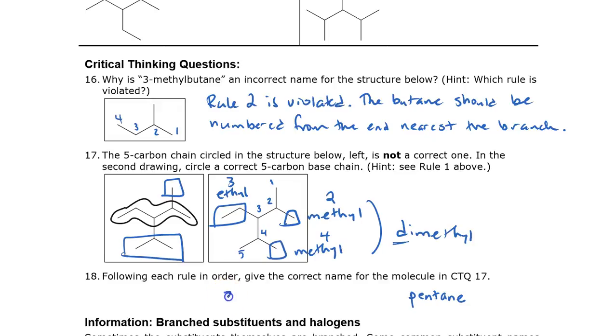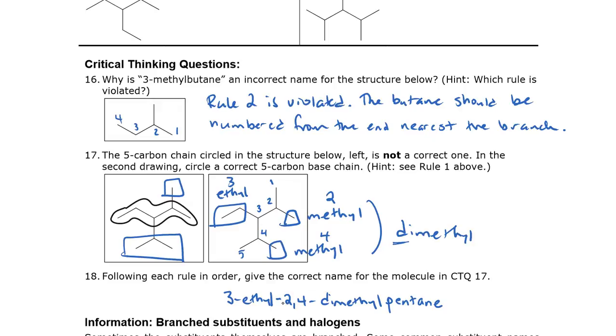So I need to put 3, ethyl, and in between the 3 and the ethyl I put a hyphen, and then 2, 4, dimethyl. 3-ethyl-2,4-dimethyl, and then there really should not be any space because the rule doesn't say to put any space in, and so here's the name. 3 hyphen ethyl hyphen 2, 4 hyphen dimethyl pentane.